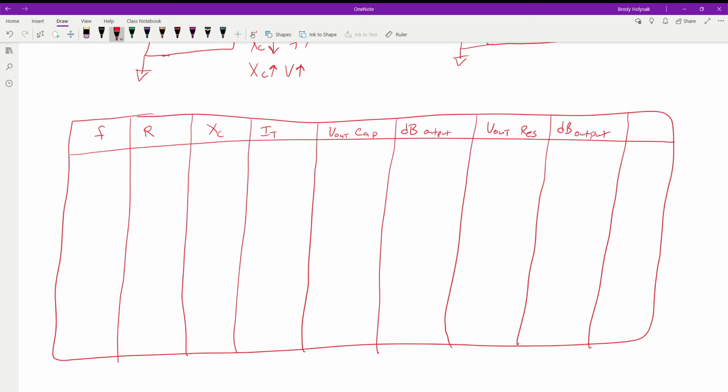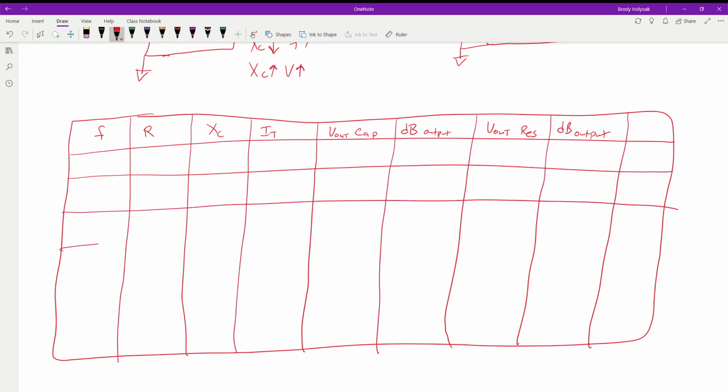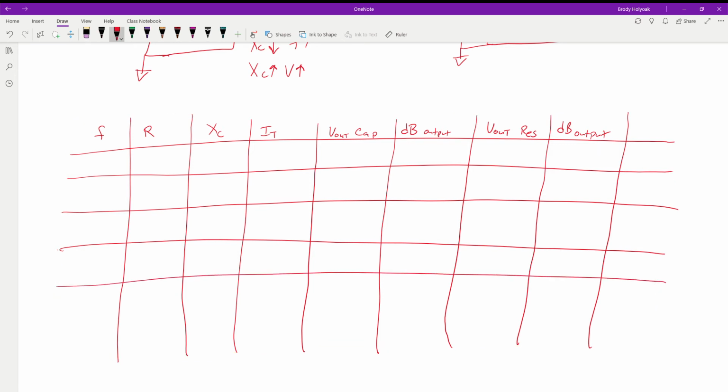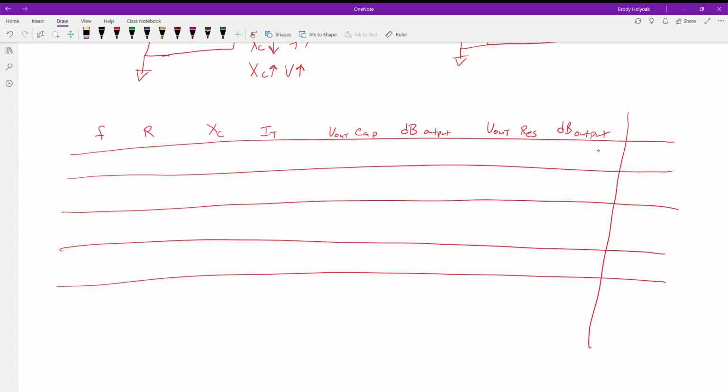The frequencies that we want to use, we don't want to over analyze these circuits, but we want to have a pretty good idea of what's going on. So we're going to break this up. We're going to do 4 frequency ranges. Apparently I make my charts way too big, so we'll just change this real quick.